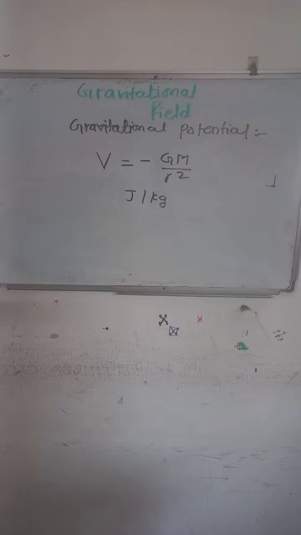And write down V is equal to minus GM upon r, and the SI unit is joule per kg.